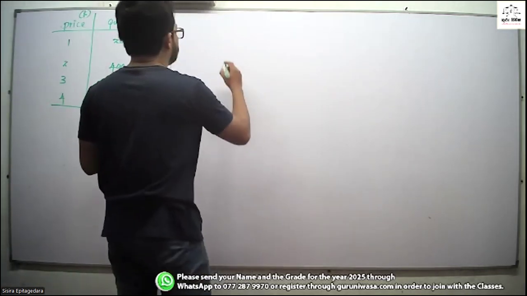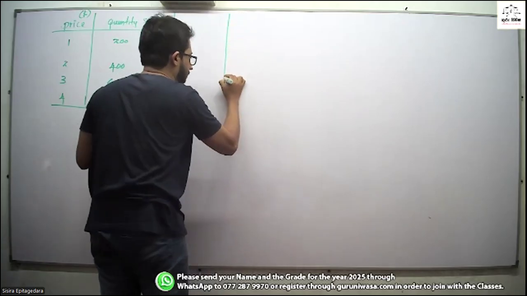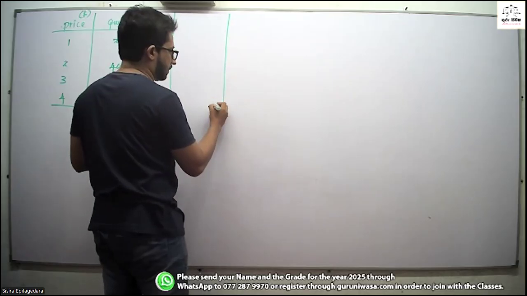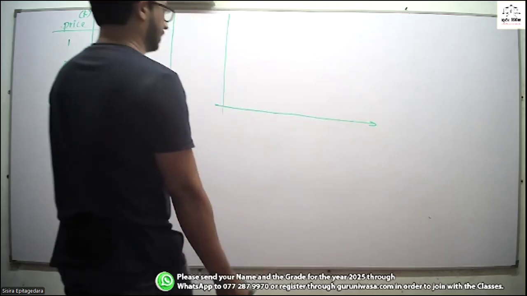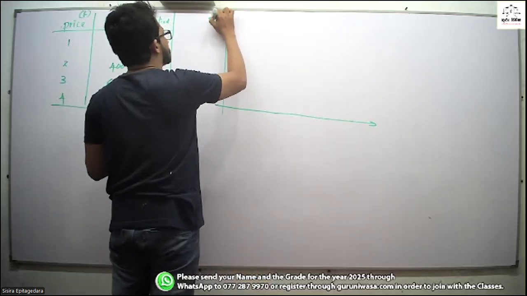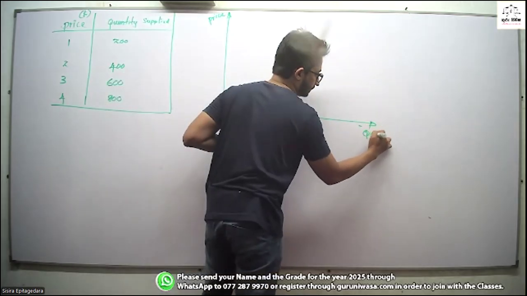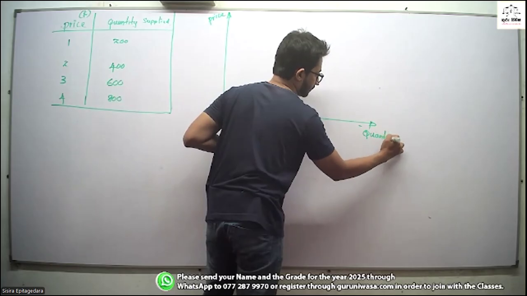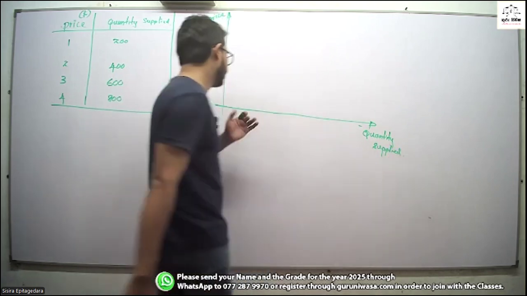When drawing a supply curve, number one, here is price, here quantity supplied.